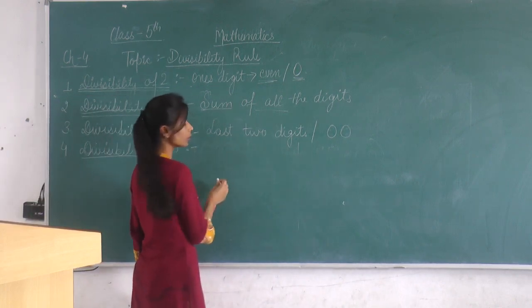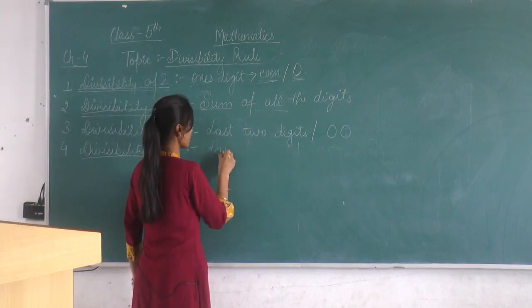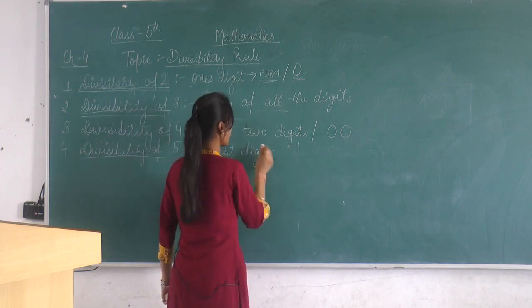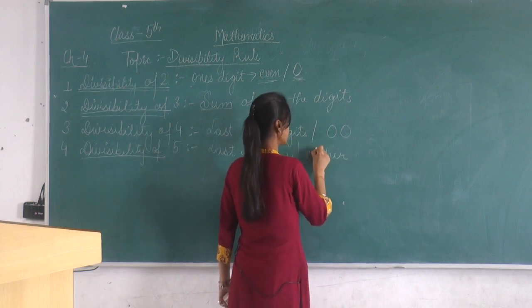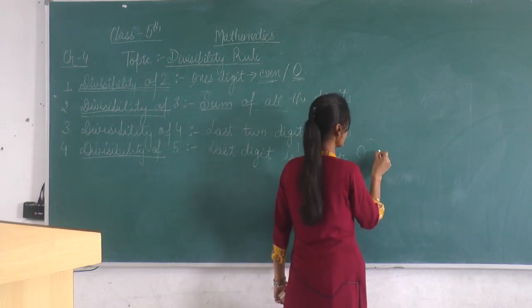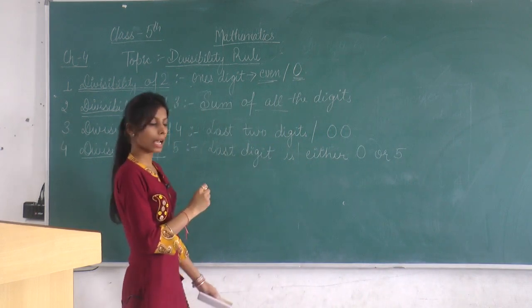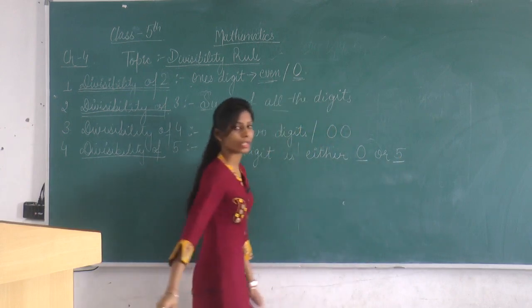In this rule you have to remember only one thing. What? The last digit is either 0 or 5. Your last digit should be either 0 or 5.